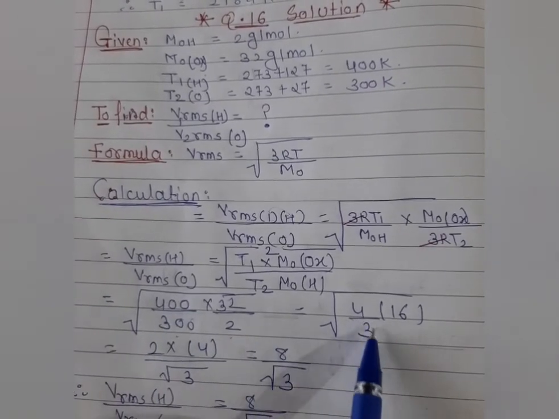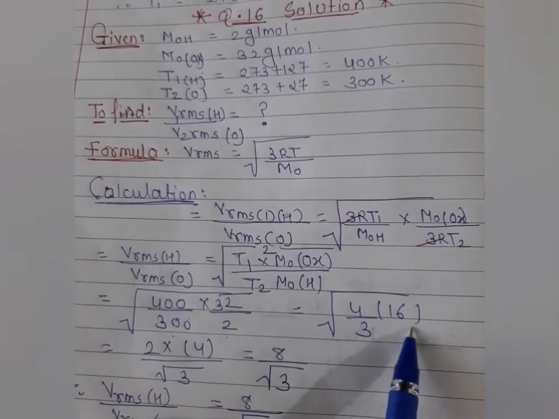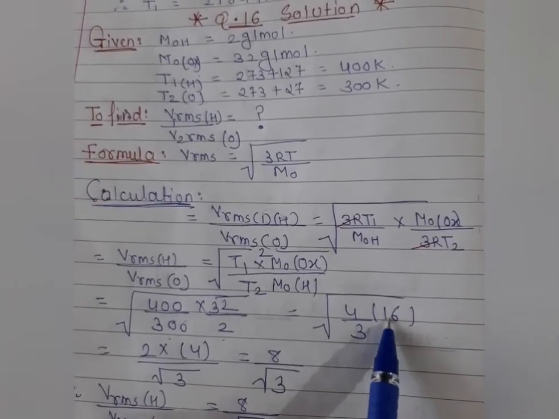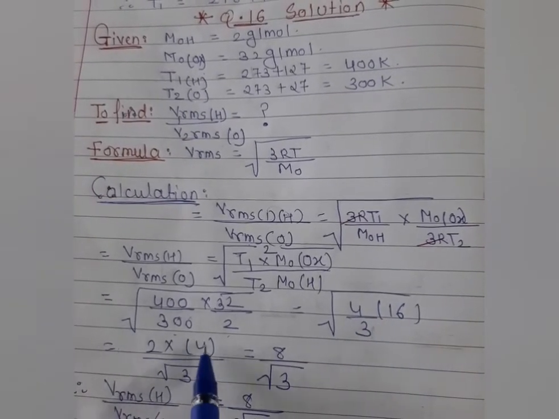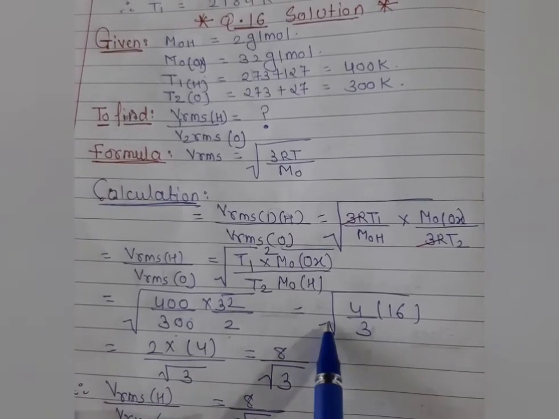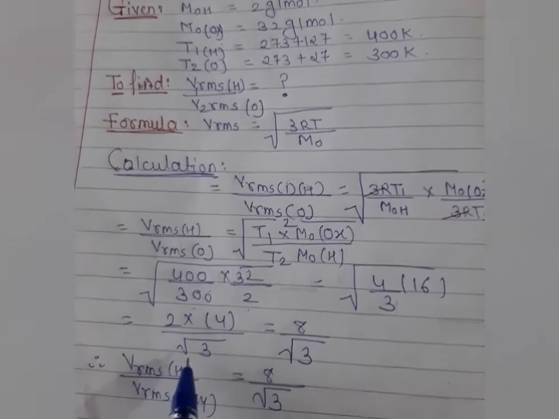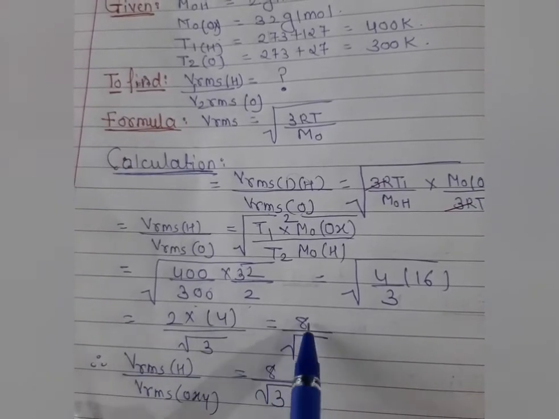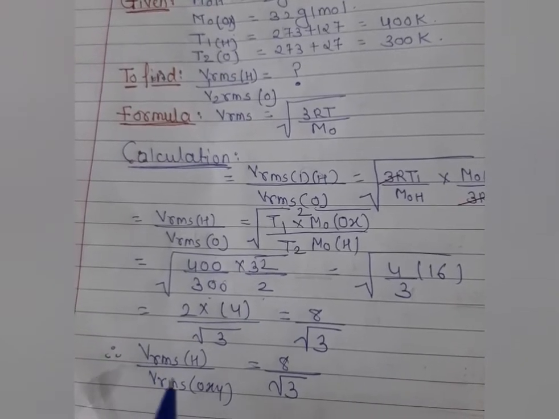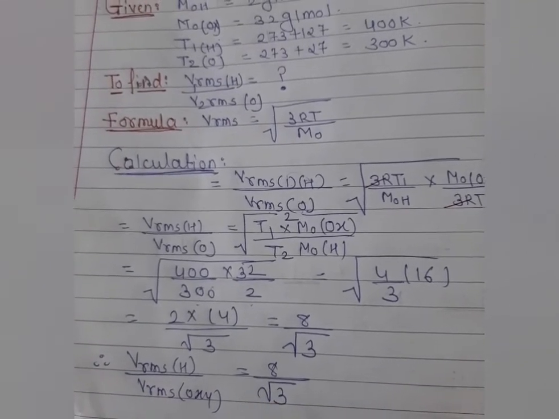Here we are getting 4 by 3, and here 16. The square root of 16 is 4, a perfect square, and 4 is a perfect square of 2, but root 3 is not a perfect square, so it stays as root 3. So we get 4 twos are 8, root 3. So the ratio of the velocity of hydrogen and oxygen is 8 by root 3.